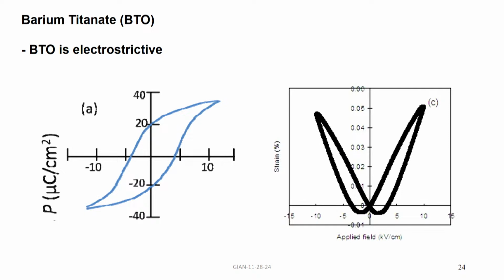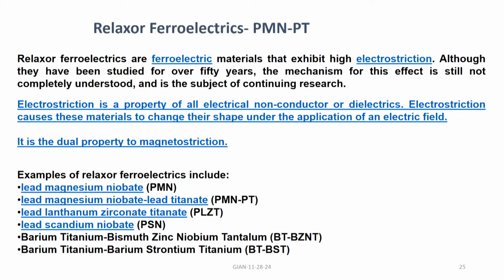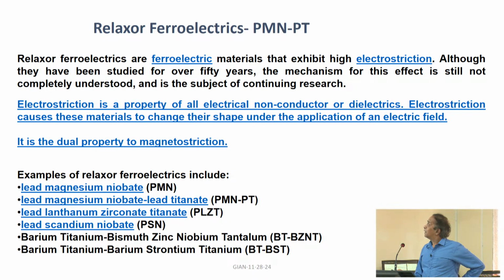And the strain is always either positive or negative. It doesn't switch sign when you reverse the electric field. So these are electrostrictive, and that is what you have for barium titanate. And PMN-PT is also the same way. These are relaxor ferroelectrics, and they have very high electrostriction.